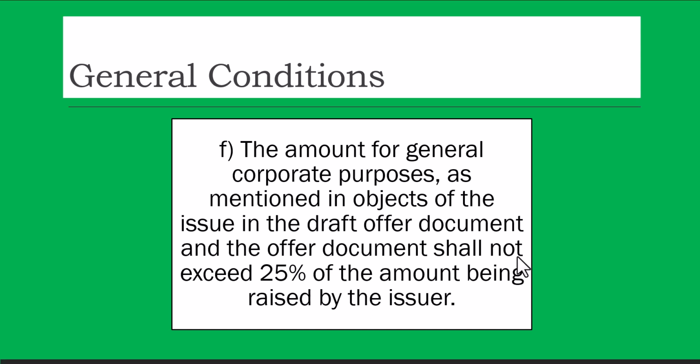The amount for general corporate purposes as mentioned in the objects of the issue in the draft offer document and the offer document shall not exceed 25% of the amount being raised by the issuer.